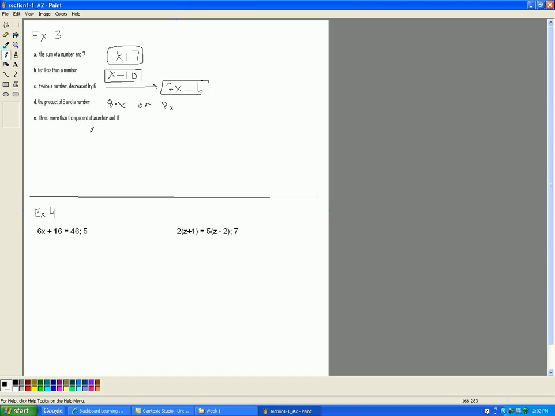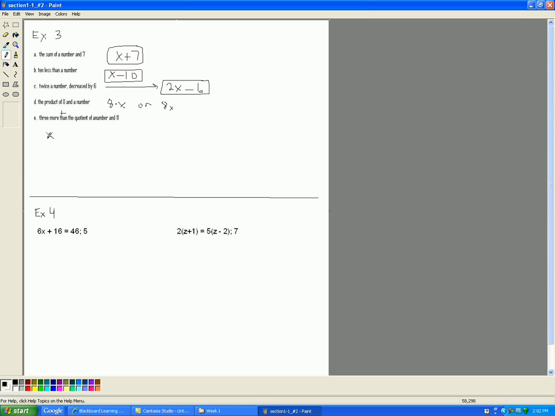The last one we'll do is 3 more than the quotient of a number and 11. So the quotient, if we look, is going to be division. So this is saying 3 more than, so we're going to put a plus right here, the quotient of a number and 11.